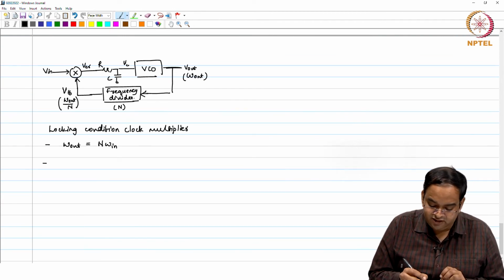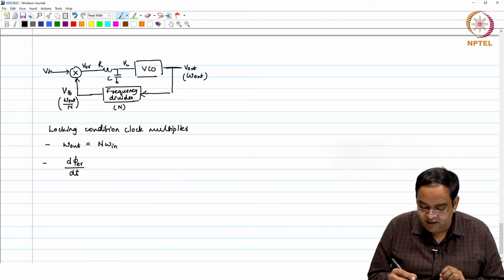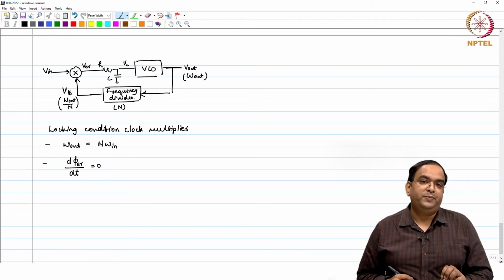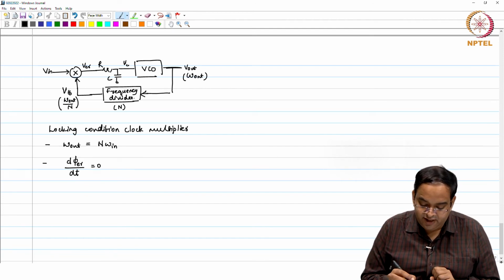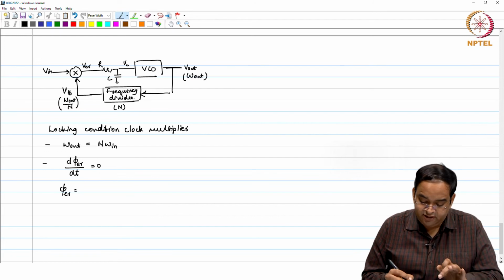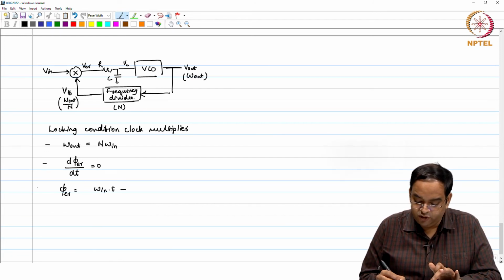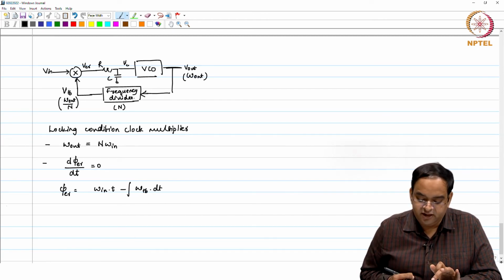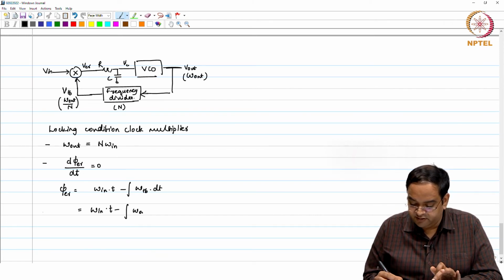One condition is this, and this condition always remains: d phase error by dt is equal to 0. And what is the phase error? Well, phase error at any given time is your omega in times t minus the integral of your omega feedback dt. I will write this as an integral because omega feedback can change. So, this is your phase error.